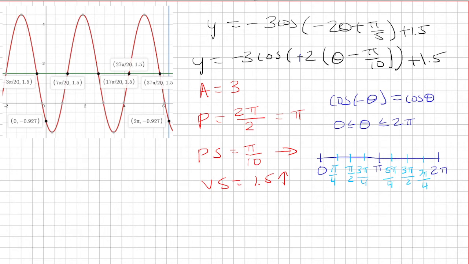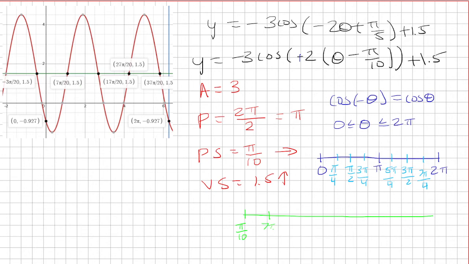Okay, but we have a phase shift of pi over 10, so you have to add pi over 10 to everything. So now 0 is going to be moved to pi over 10. Pi over 4 plus pi over 10 is given to us as 7 pi over 20.